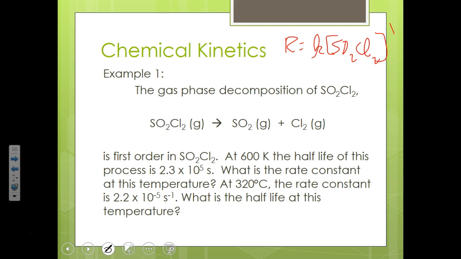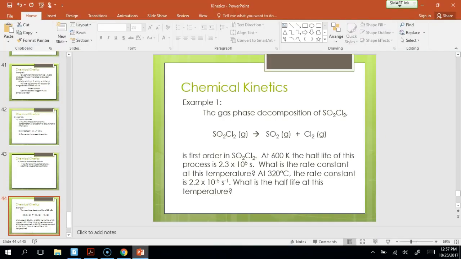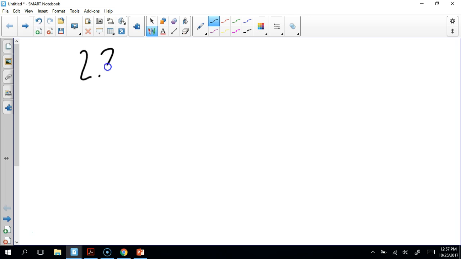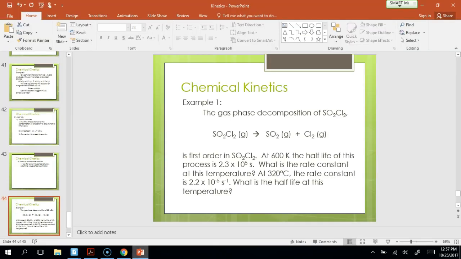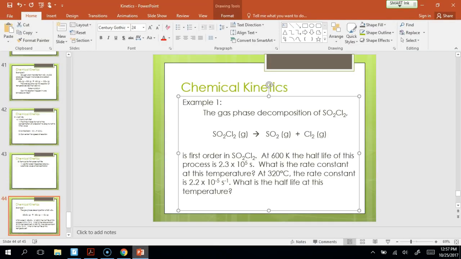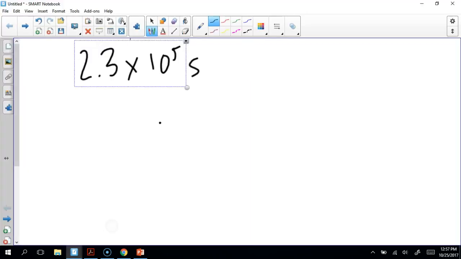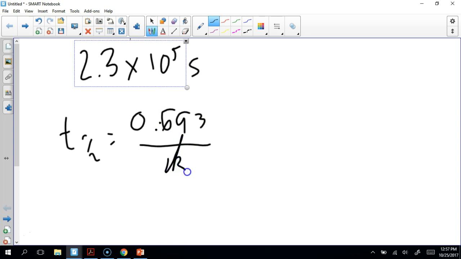Well, in order to do this, I'm going to go here. So we have a half-life of 2.3 times 10 to the 5th seconds. We're trying to find the rate constant. Well, that's a simple plug and chug, because we know that the half-life is equal to 0.693 divided by the rate constant.